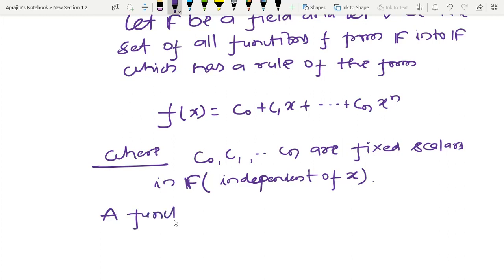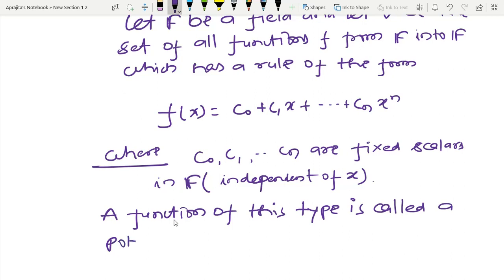A function of this type, you have already aware about this, is called a polynomial function on F, and again addition and multiplication can be defined like the previous example, because this is again a function.